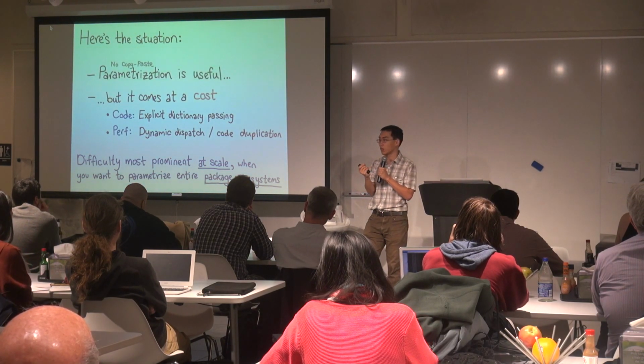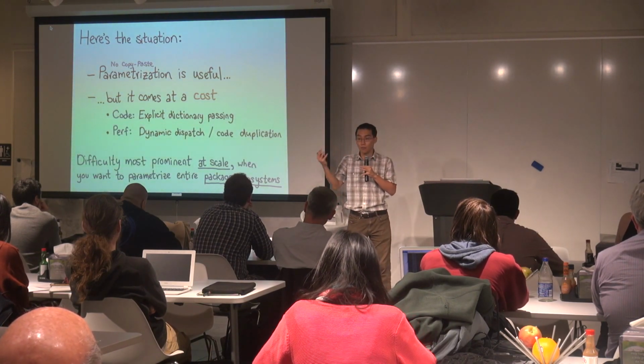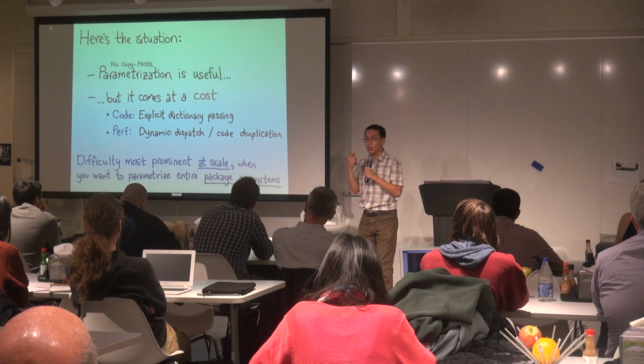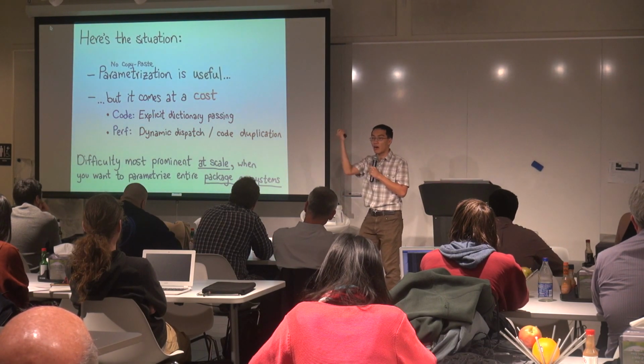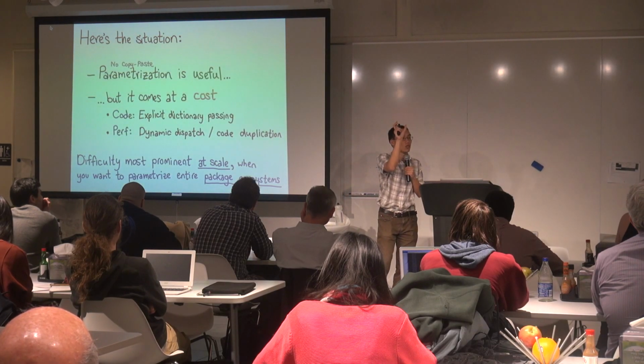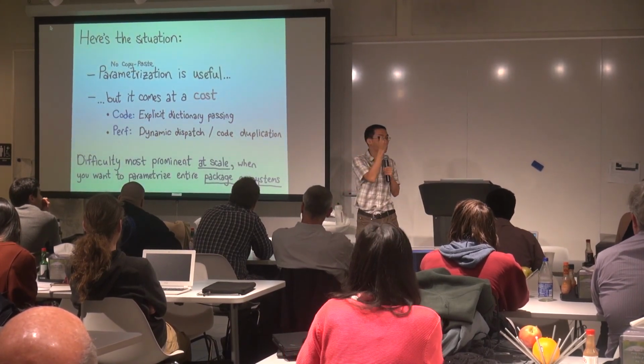You have to make a deal with the devil. And the cost either is, or often both, in the code you write. The code you write looks less beautiful because you now have to pass structures around, or gunk up your type signatures with extra type variables. Or it comes at a performance cost.